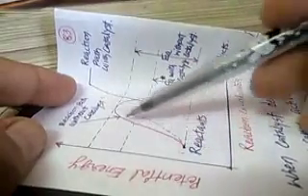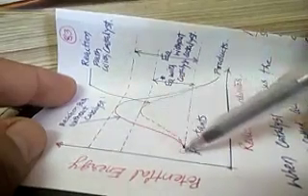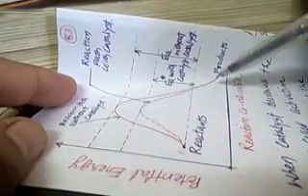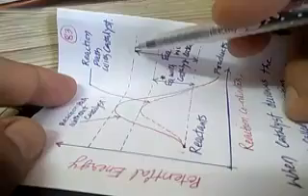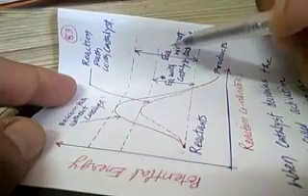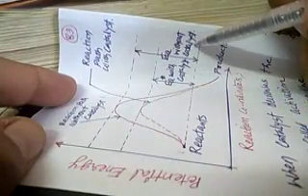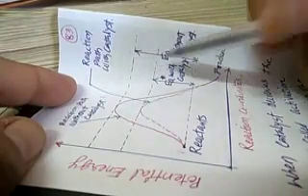This is the way by which the reaction takes place without catalyst. This is the energy of reactants, this is the energy of products. Here we can see this is the threshold energy and this is the activation energy for the reaction without catalyst.